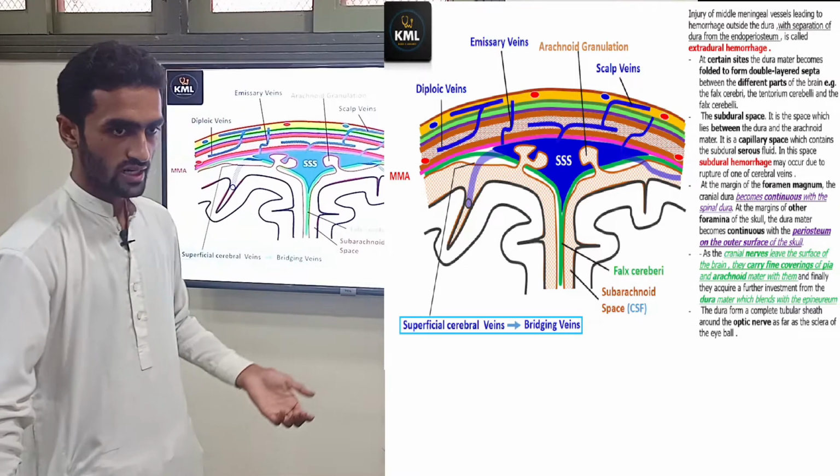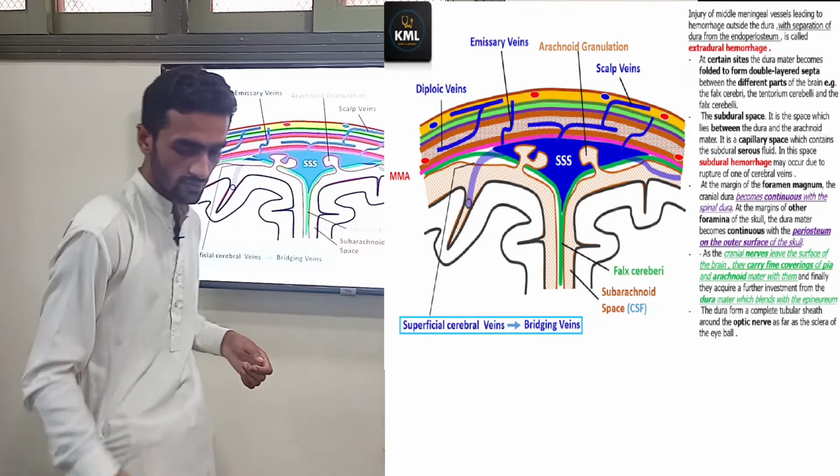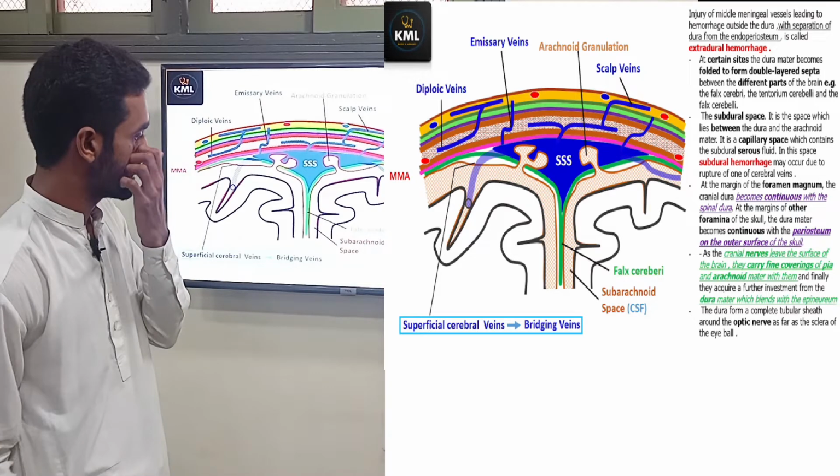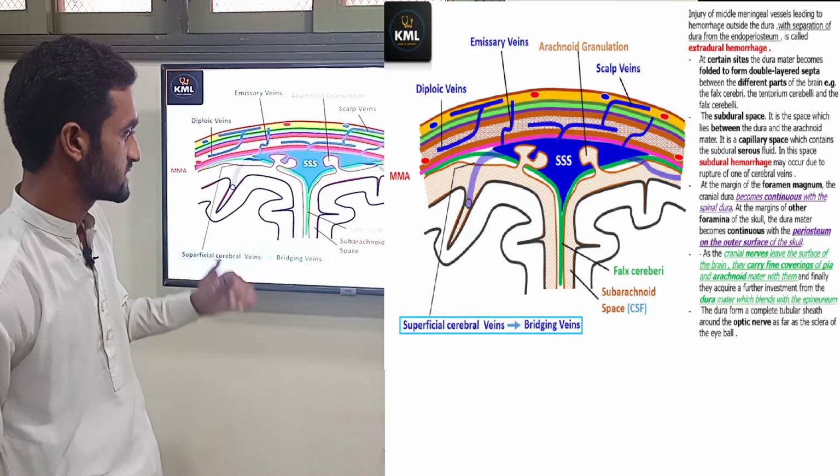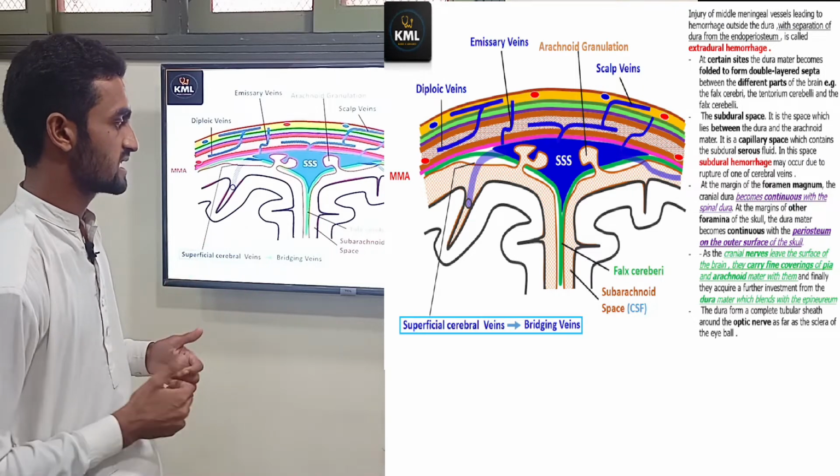So we continue the remaining story. What is happening? The optic nerve dura forms a complete tubular sheath around the optic nerve as well as the sclera of the eyeball.